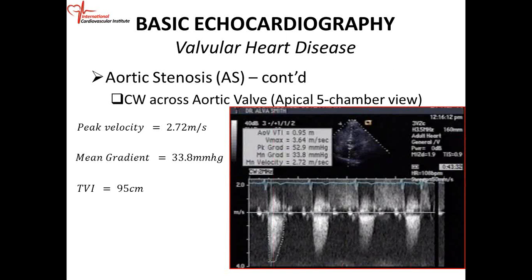You want that theta to be 0. In this case, you see the peak velocity is 2.72 meters per second. And of course, the mean gradient is 33.8 millimeters of mercury.